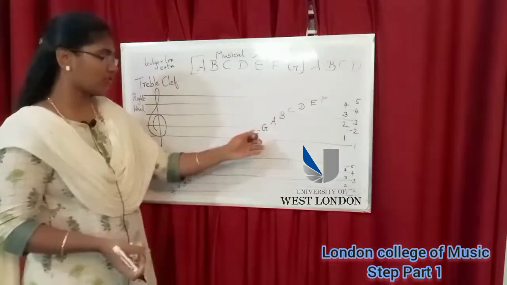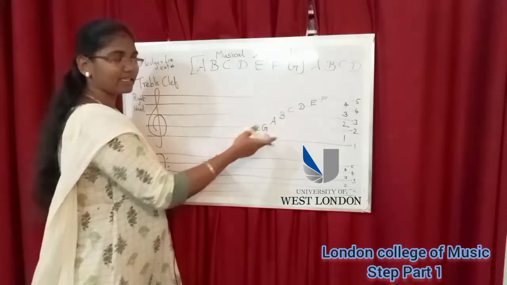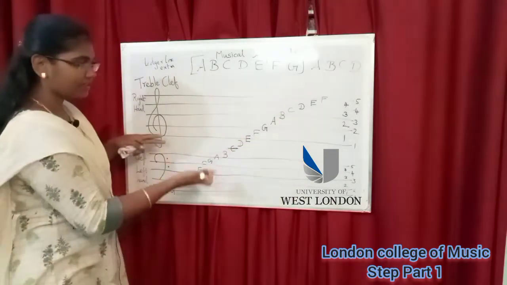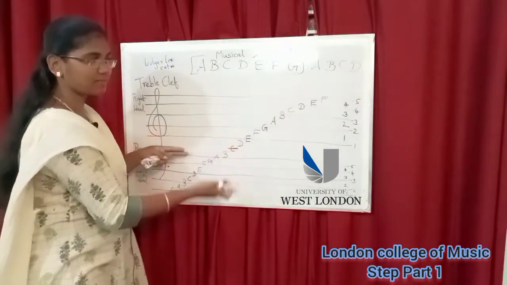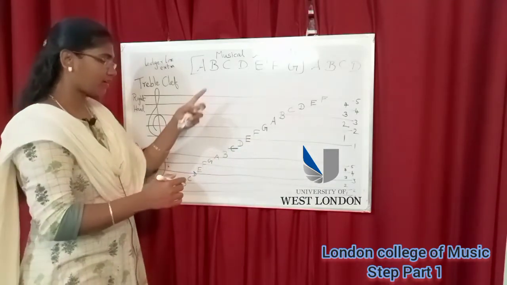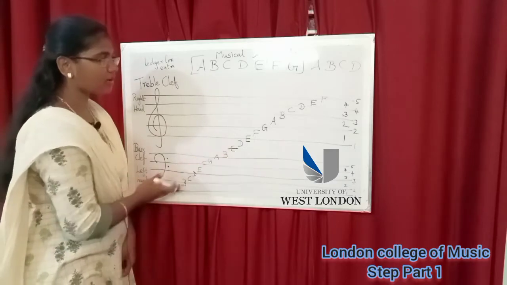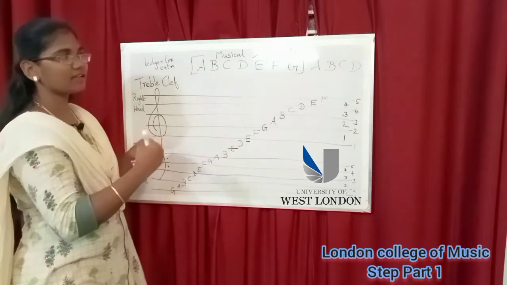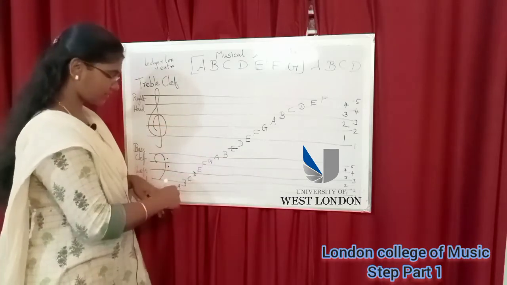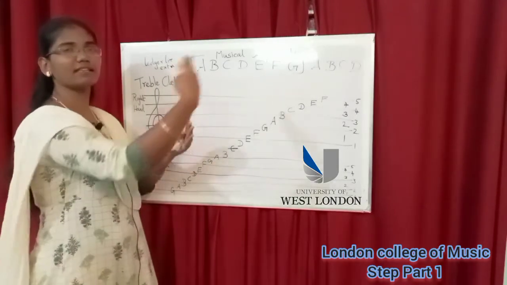In the right hand, the ledger line, our middle C, is placed below the first line, and in the left hand the ledger line, our middle C, is placed above the fifth line. So, clear? That's all. All the notes are arranged consecutively: G, A, and the next note is placed in the next line and the next space.